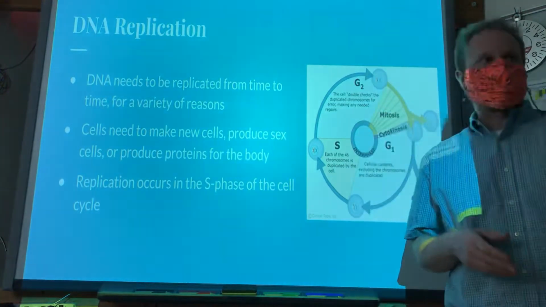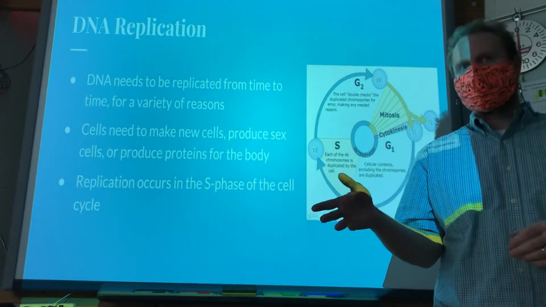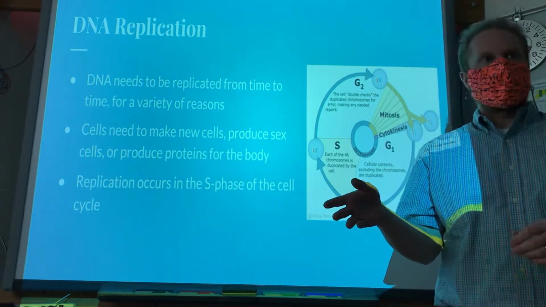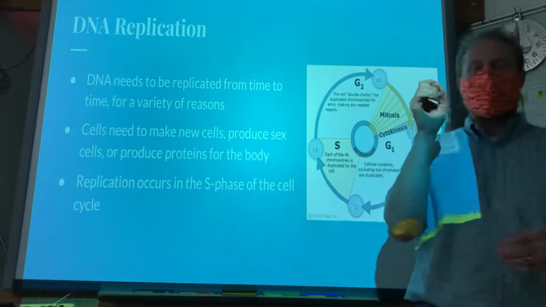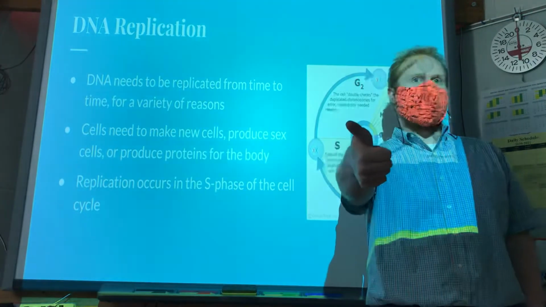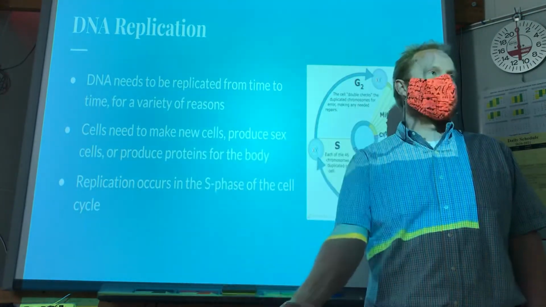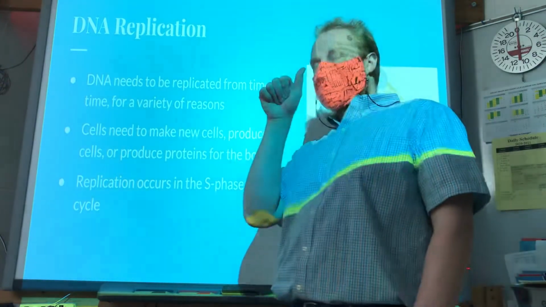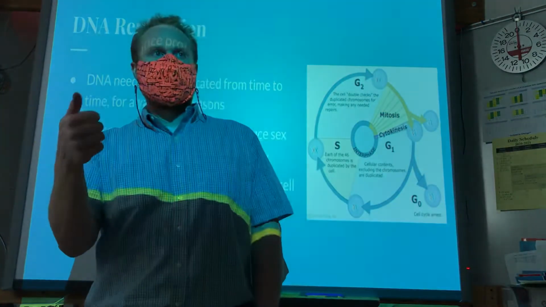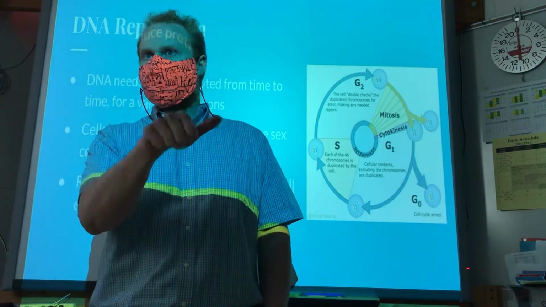Now, not every cell in your body codes for the exact same protein, right? Some of your cells have a protein that says be a blood cell and do blood cell stuff. But another cell in your body still has that do blood cell stuff message, but it doesn't code for it.